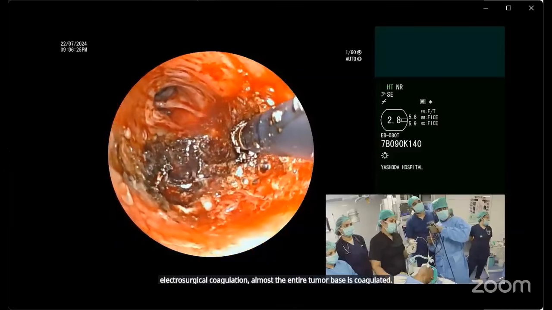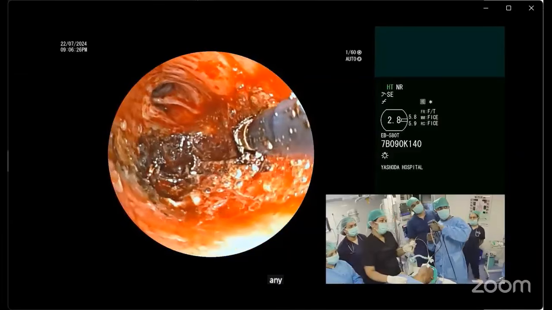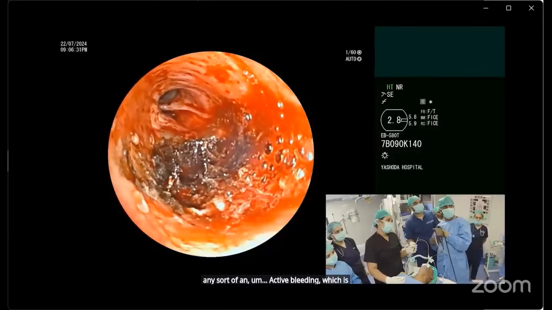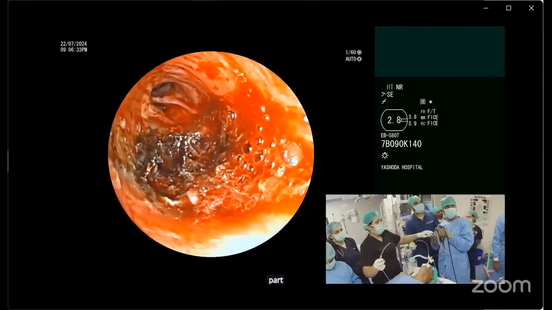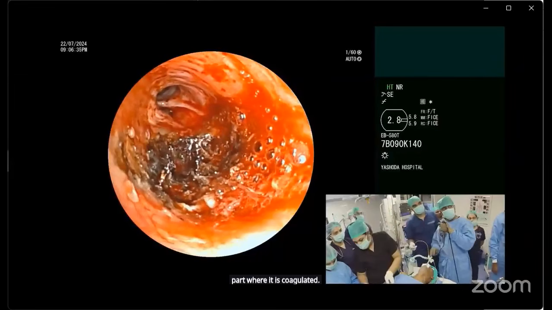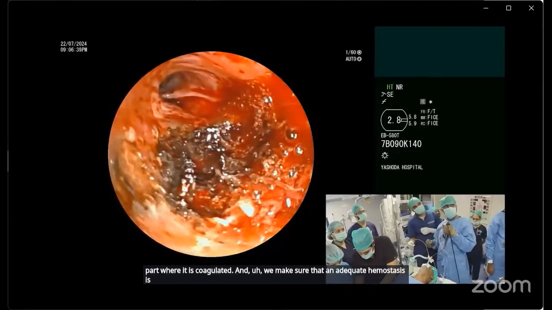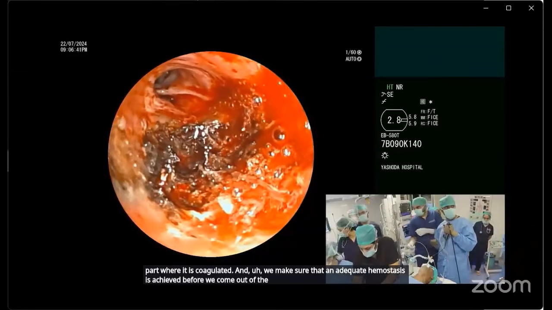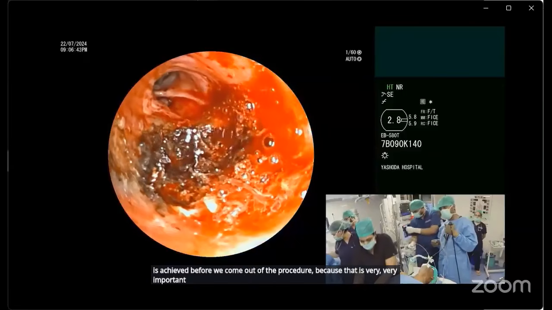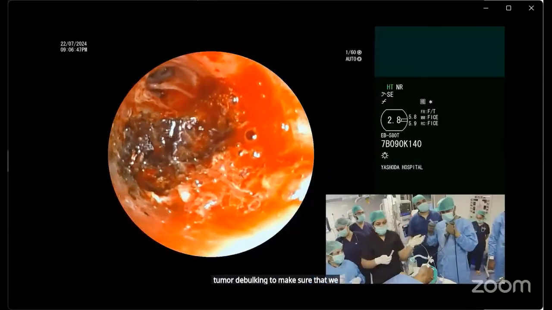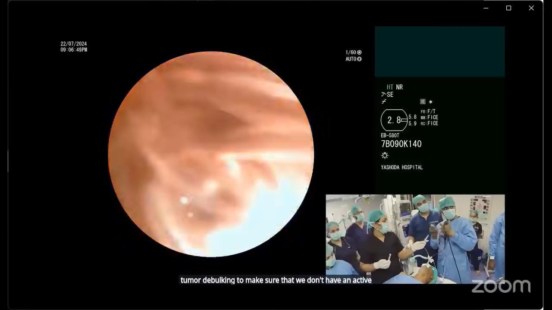There is no evidence of any sort of active bleeding coming from the part where it is coagulated. And we make sure that an adequate hemostasis is achieved before we come out of the procedure, because that is very important, especially when you're doing a case of tumor debulking, to make sure that we don't have an active hemoptysis at the end of the procedure.